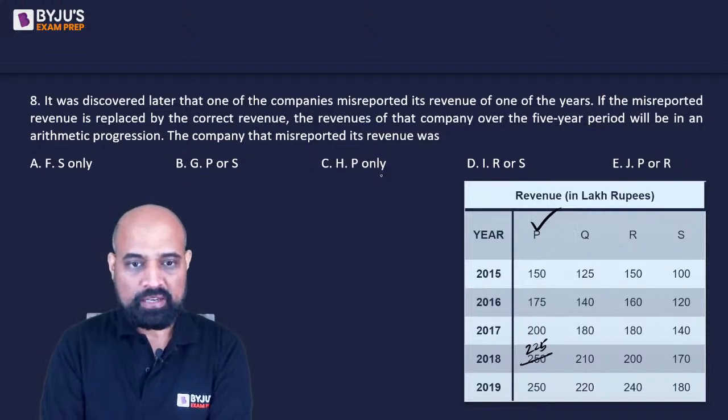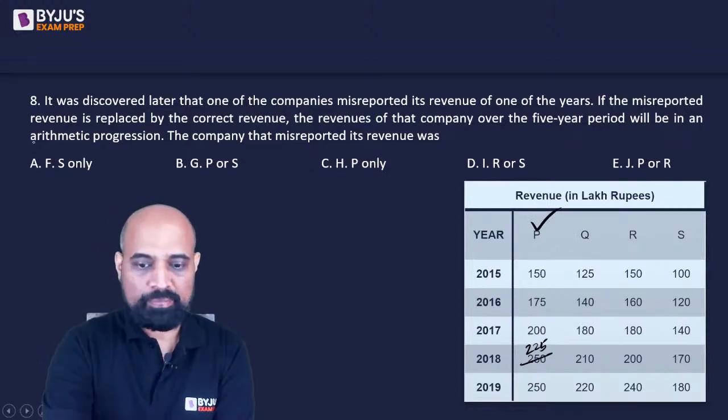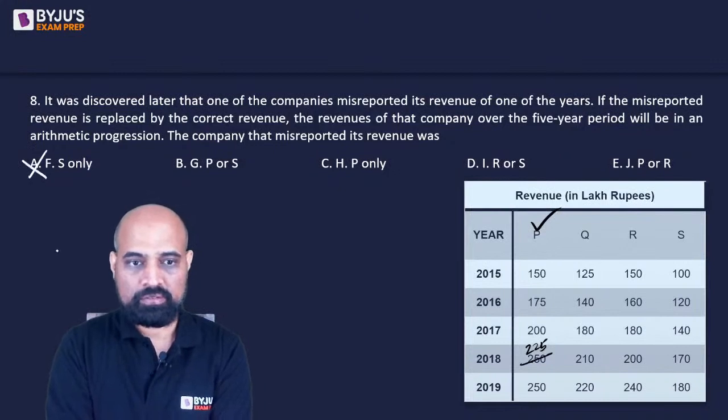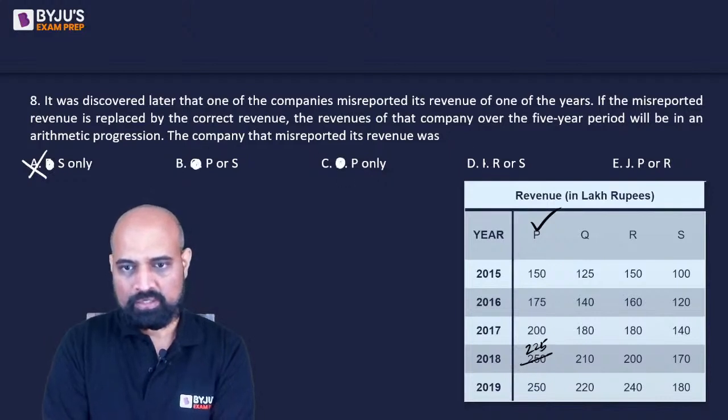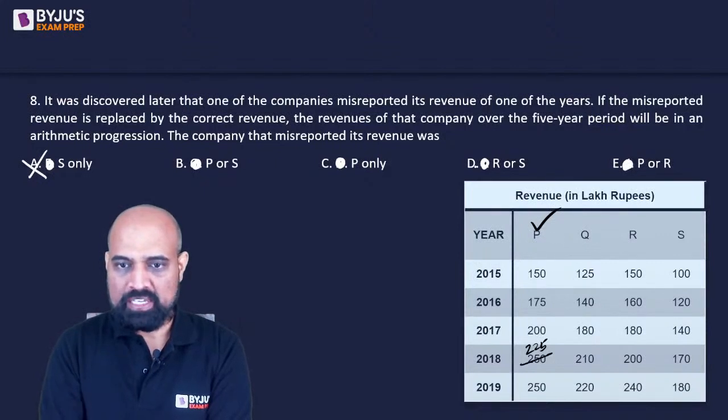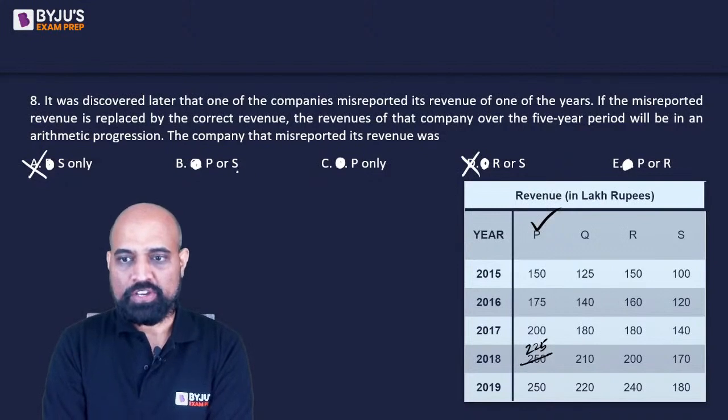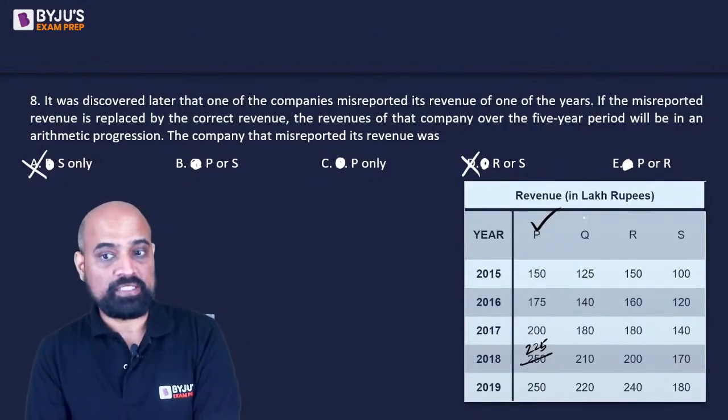जैसे ही P आ गया, तो A can't be our answer. Okay, what is this? F, G. So the moment we get P as the answer, A can't be our answer, D can't be our answer. Now we have to check R or S में से एक.